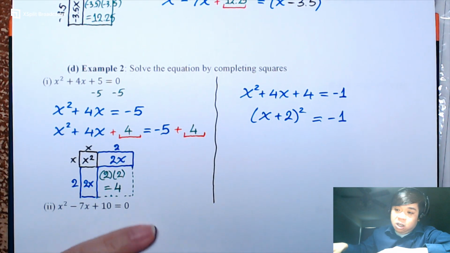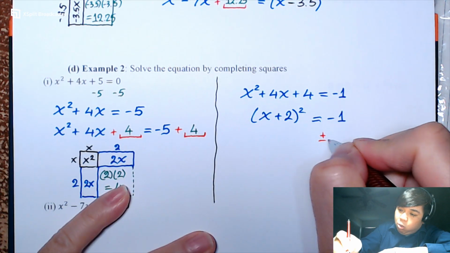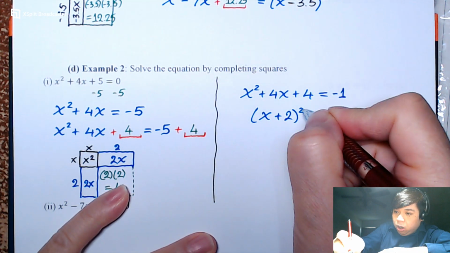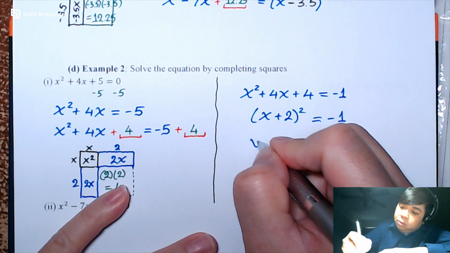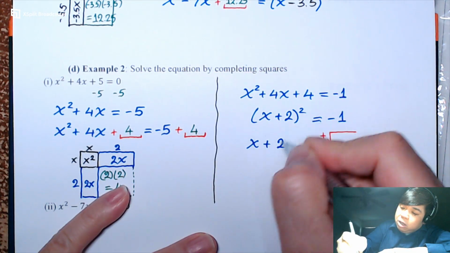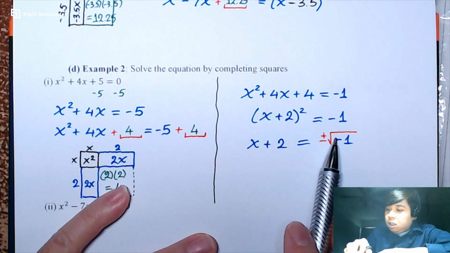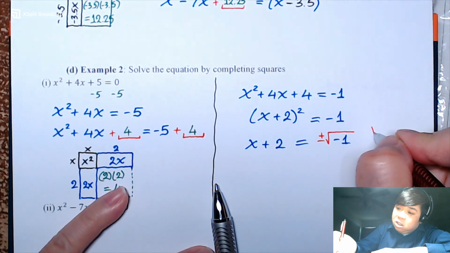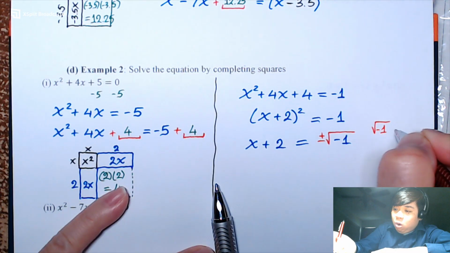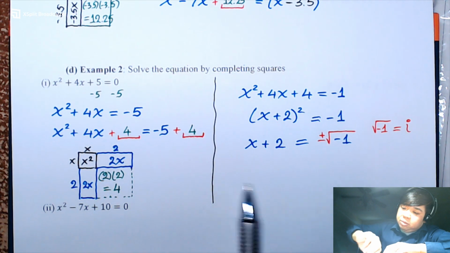We will see this a lot later. So plus or minus square root will undo this square. Now that just becomes x plus 2. And the square root of negative 1, we have that at the beginning of the section, is the imaginary i. So this is just i.